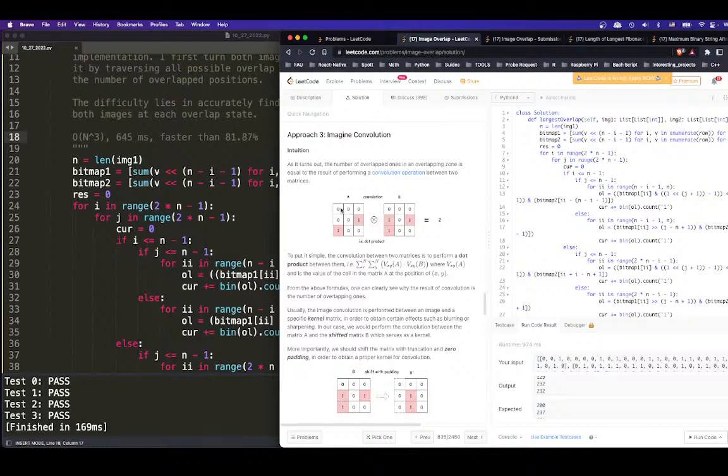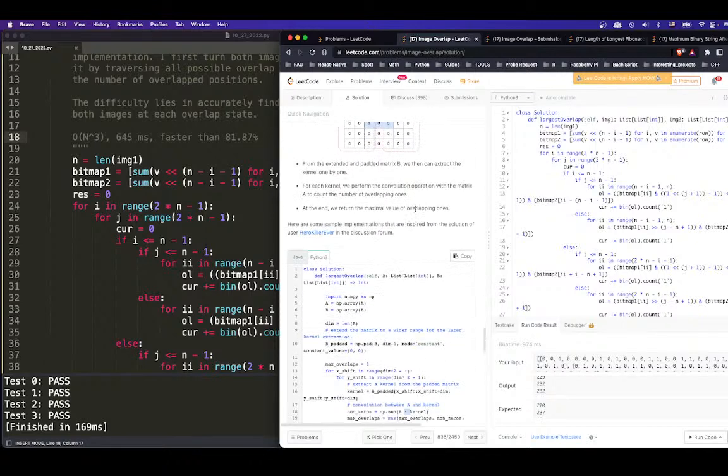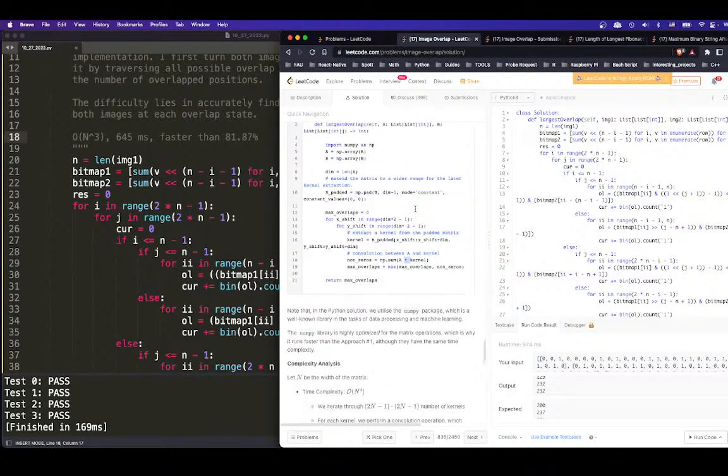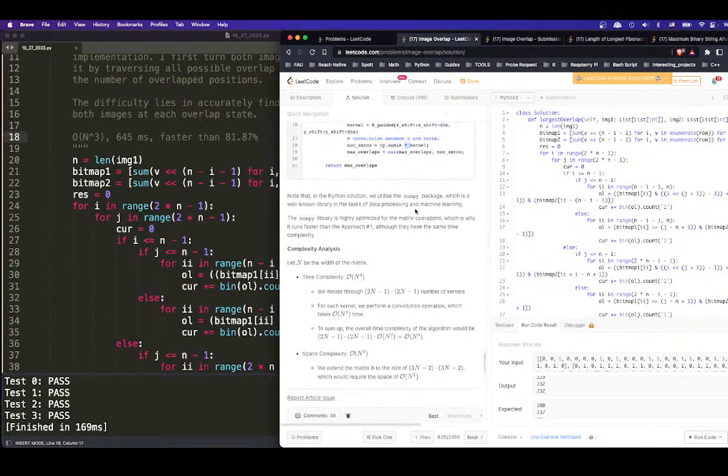Oh, it is every single one. Multiply, multiply, multiply, multiply, multiply, multiply. I see. That's the dot product. Holy moly, this is actually a very good solution.